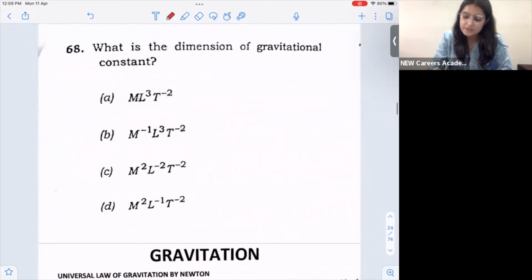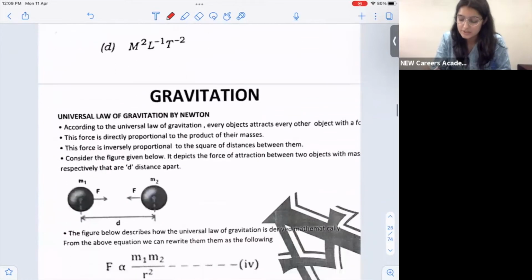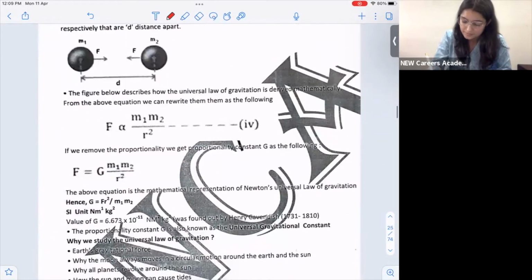Next, what is the dimension of the gravitational constant? Gravitational constant is capital G, and this is the formula, okay? Capital G is F R square by M1 into M2.